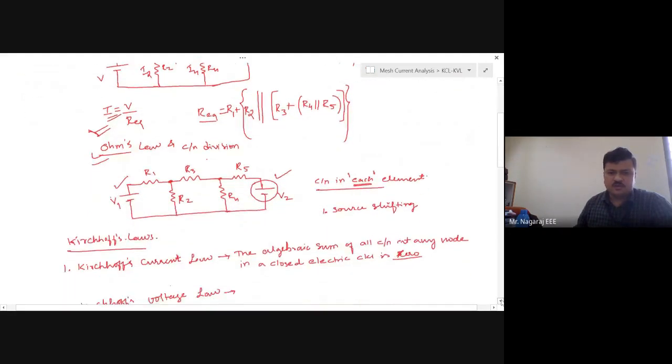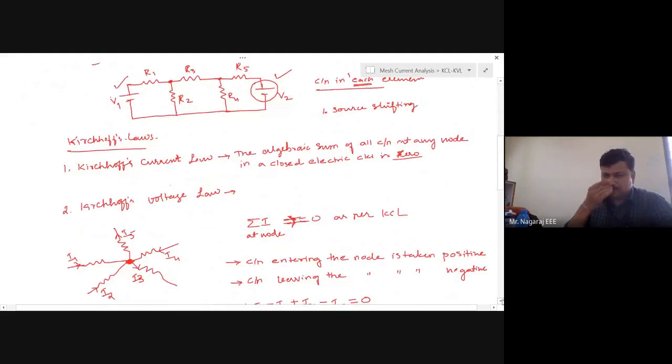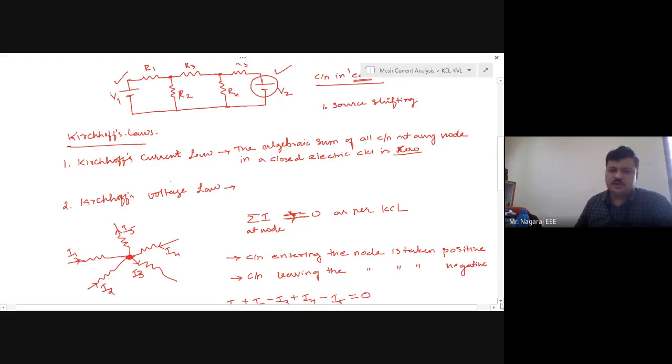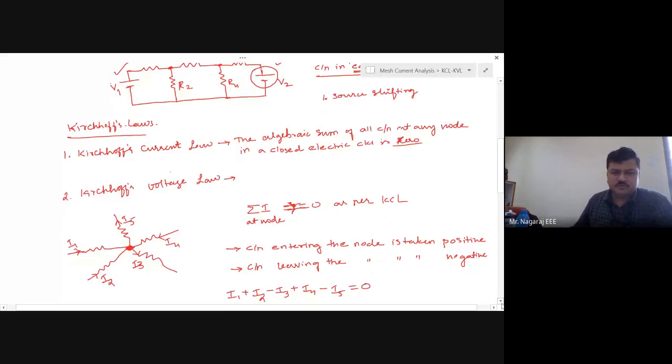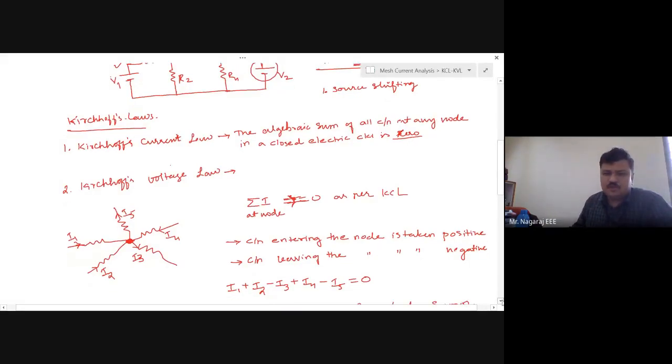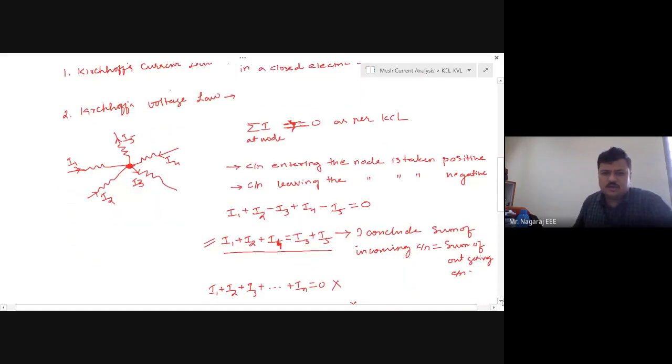We also saw Kirchhoff's current law, that the algebraic sum of all the currents at any node or a junction in a closed electric circuit is zero. When we applied this concept to a node, assuming the incoming currents to be positive and outgoing currents from the node to be negative, we concluded that at any particular node, the algebraic sum of all incoming currents will be equal to the algebraic sum of all outgoing currents.